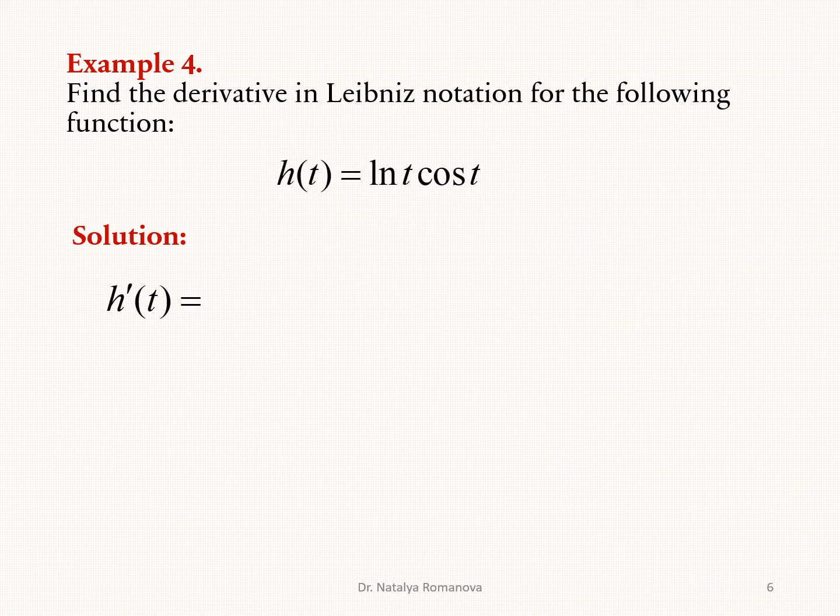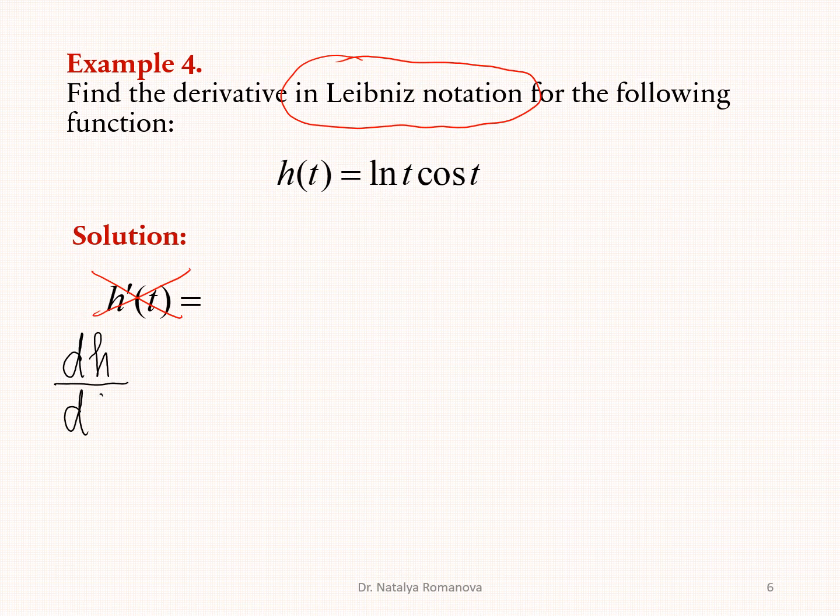Next example. We have to find the derivative in Leibniz notation. Prime notation doesn't work for us here. Leibniz notation for the function h of t would be dh over dt.